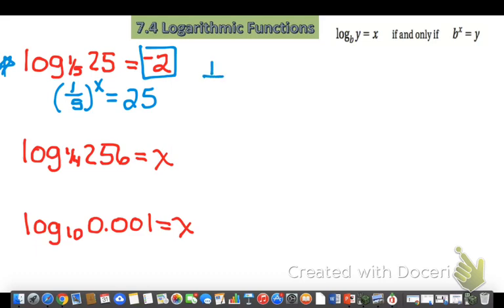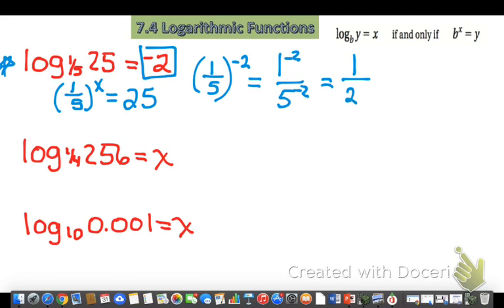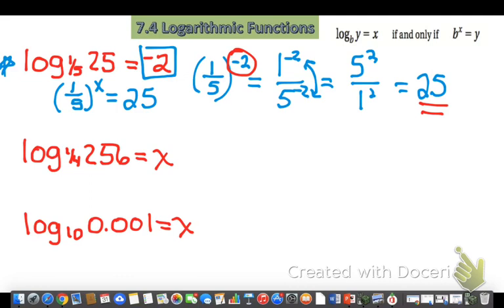If I did 1/5 raised to the power of -2, we'll flip these, so we'll end up with 5 squared, which is equal to 25. So when we insert our -2, we can get it to equal the 25.